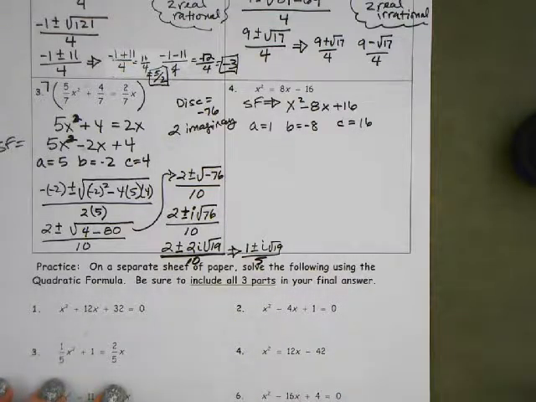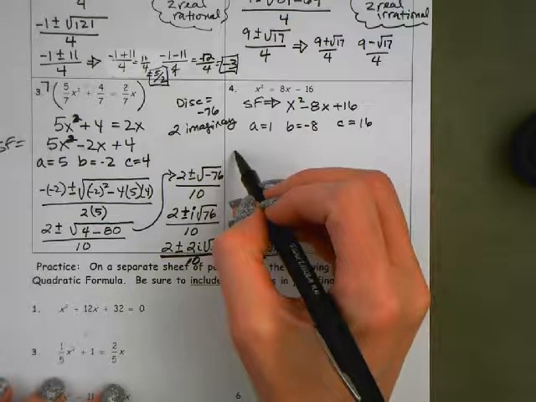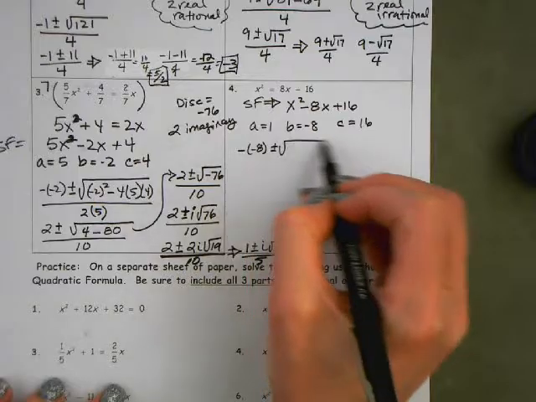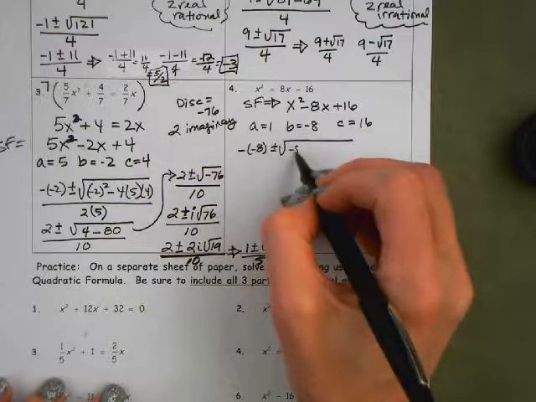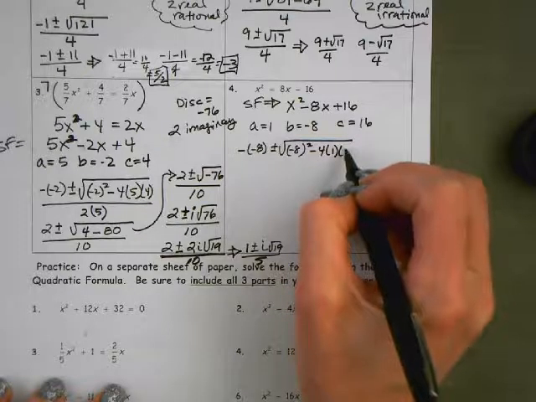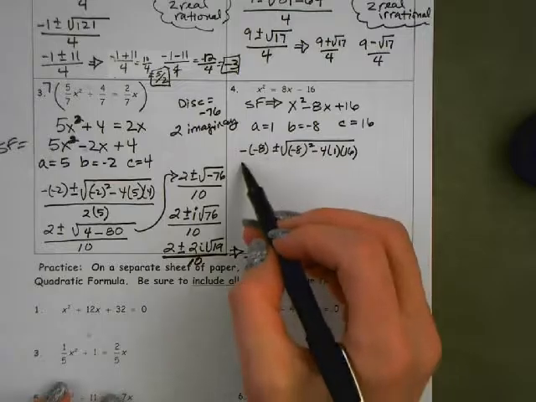Okay? All right. So negative b, so negative 8, plus or minus the square root of negative 8 squared minus 4 times 1 times c. Okay, at this point it's all over 2a, so 2 times 1.